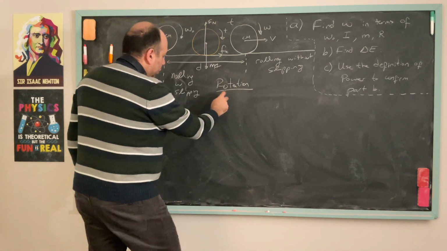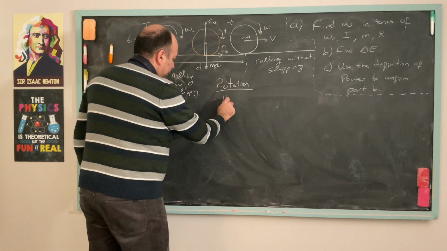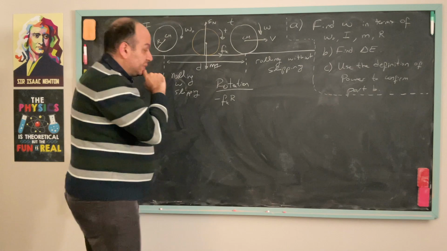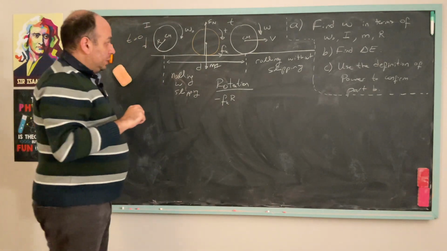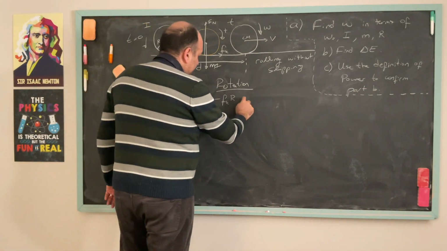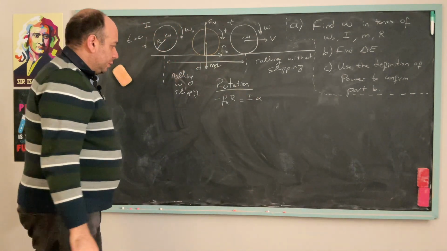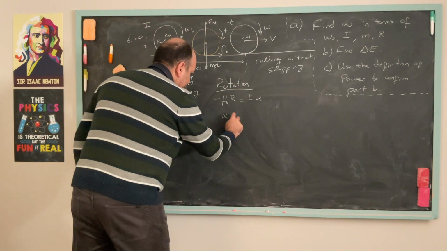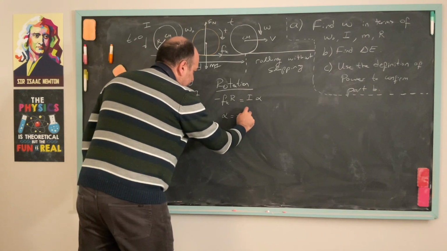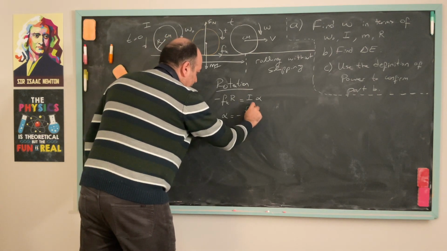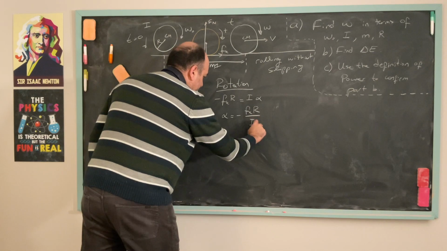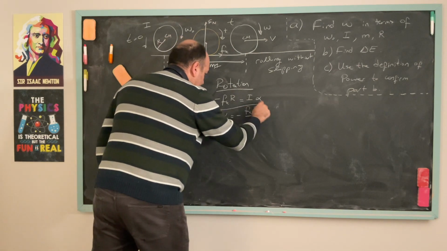Then the torque is equal to minus F kinetic times R. This should be equal to I times alpha. Torque is equal to I times alpha, so alpha is simply equal to minus F_k R over I. And that's it.